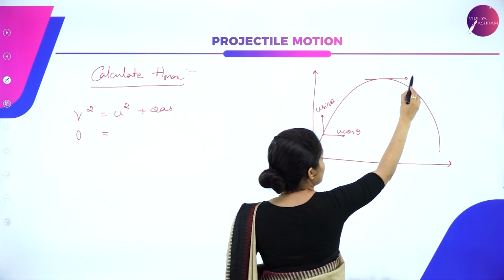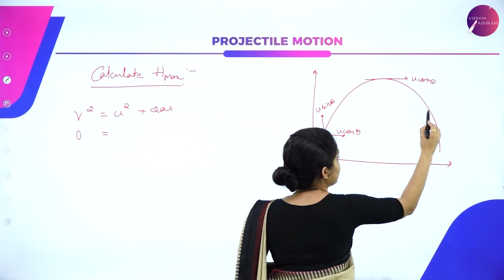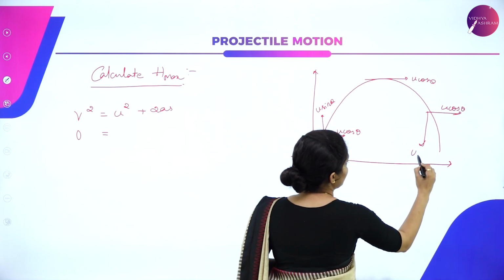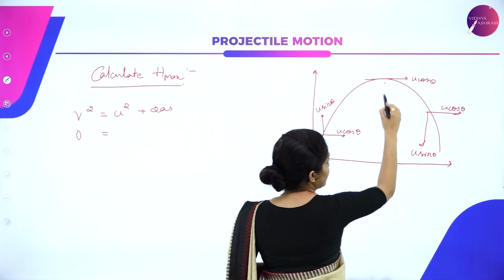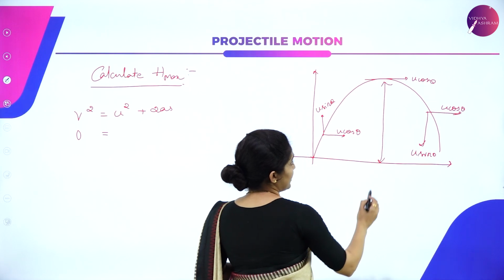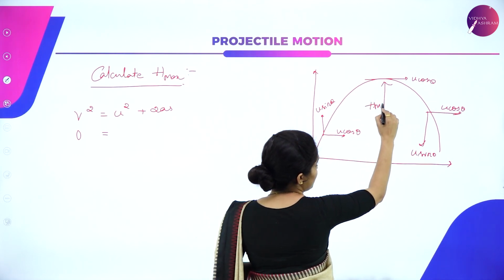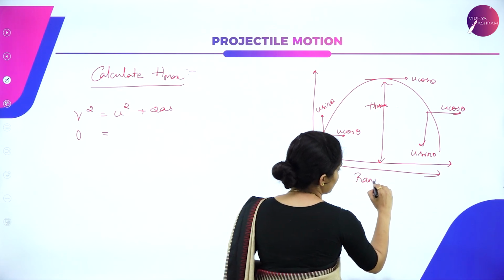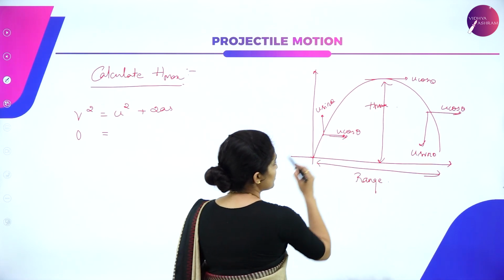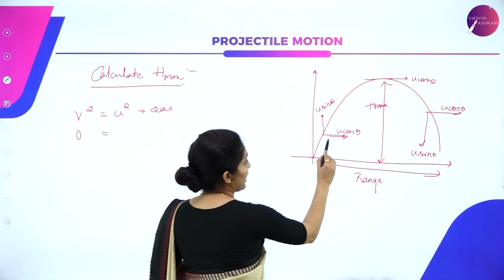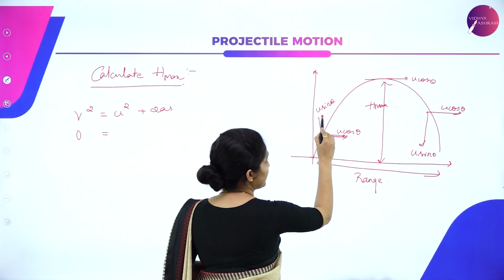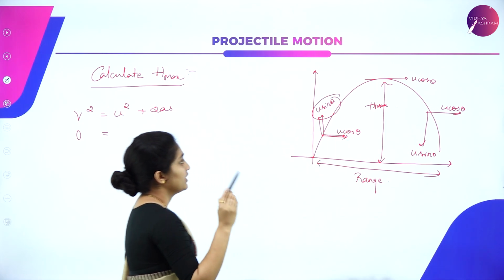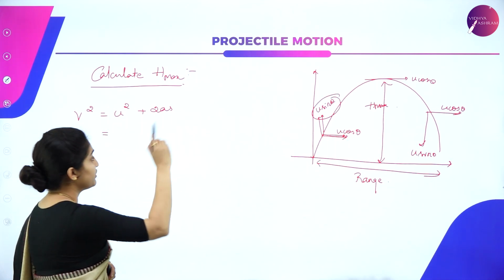Again we have the resolved component u cos theta here, and here also u cos theta, u sin theta. This distance from the x-axis is h max, and the range starts from here to here. This is called the range. We consider the horizontal component u cos theta, and here we consider the u sin theta component, because it is moving in the vertical direction.